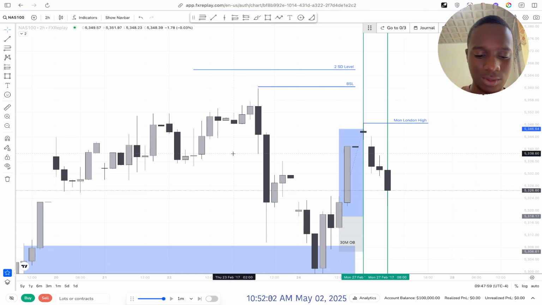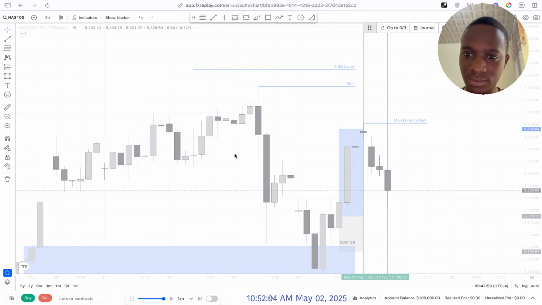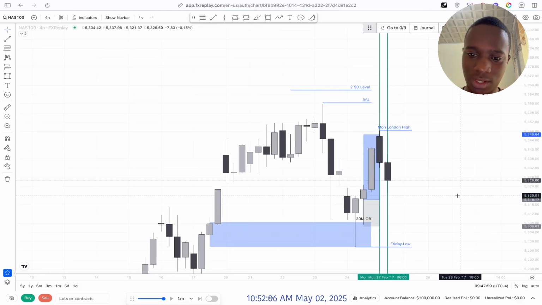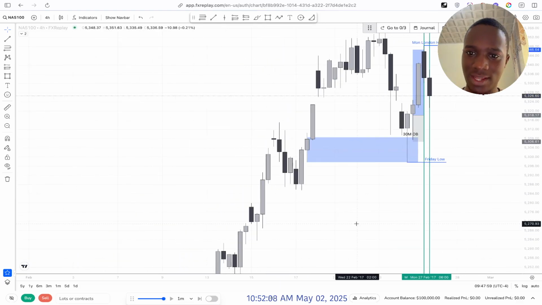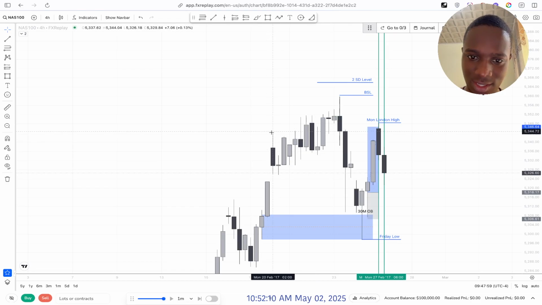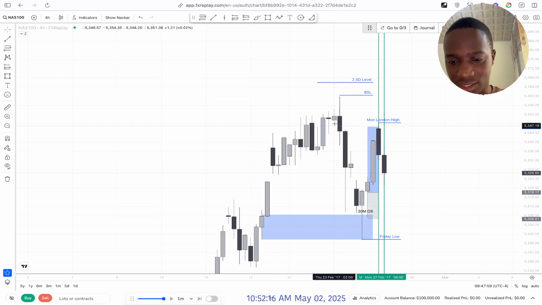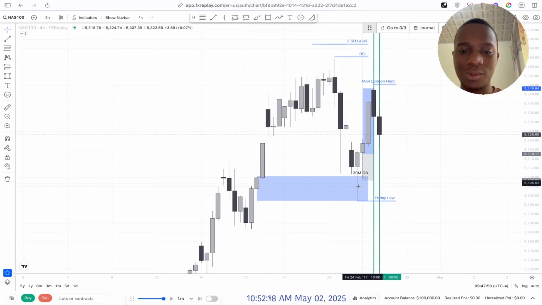Because when we go to the 4 hour, you can see that we are in an uptrend. Why? Because this candle closed higher than this one, closed higher than this one, then started a corrective move. Maybe when we break below this one, when we close a candle below here, we can conclude that we have shifted structure to the bearish, which will make our narrative now bearish.